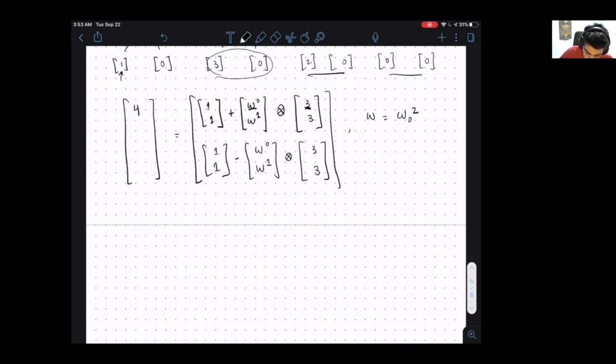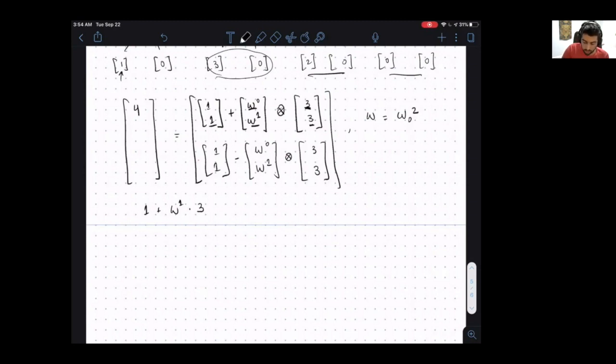And let's look at this computation. So this is 1 plus omega to the 1 times 3.